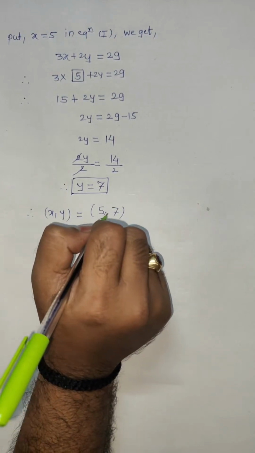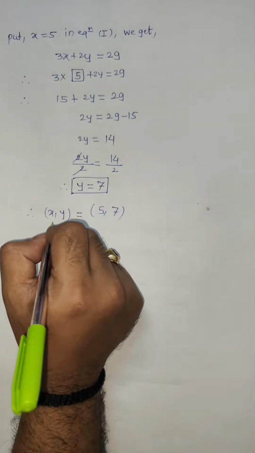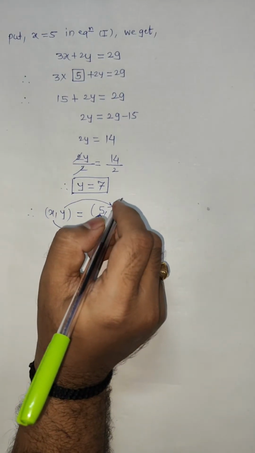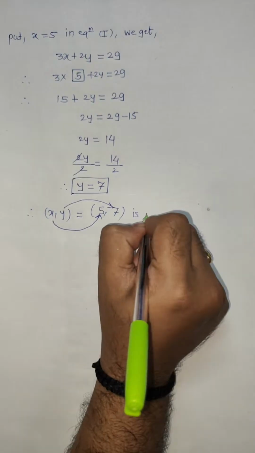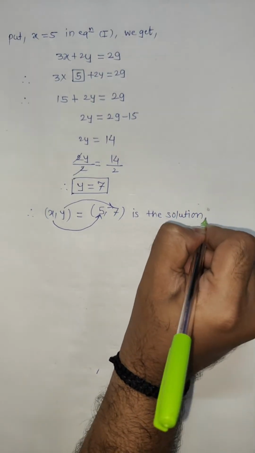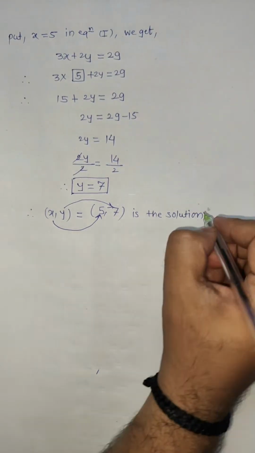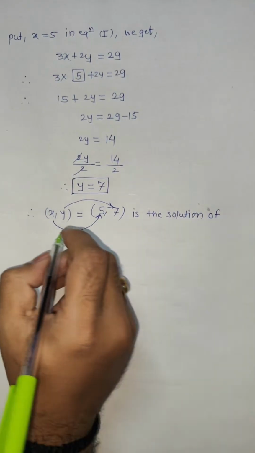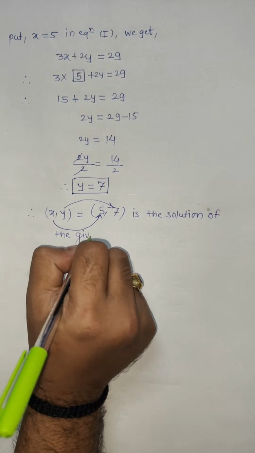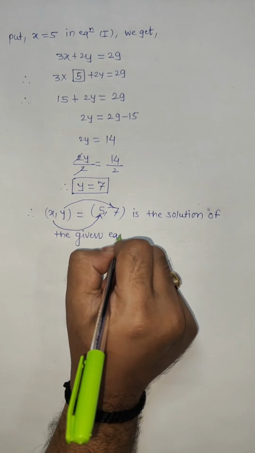The value of variable x is 5 and the value of variable y is 7. This is the solution of the given simultaneous equations.